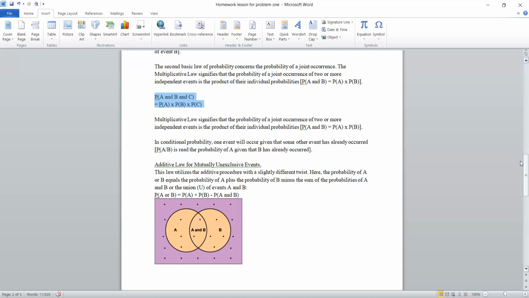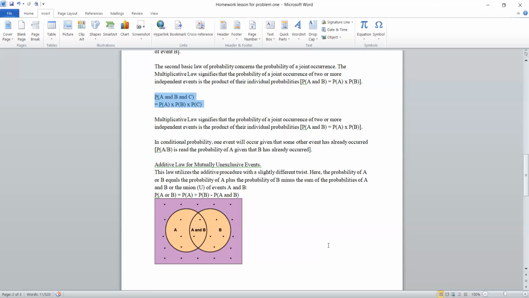Now, the additive law for events that are not mutually exclusive, and we can see it. They start overlapping as seen by our two circles here, and you can start adding them on. But this is the probability of A or B, girl or middle school student, right? Plus the probability of B minus the probability of A and B, the union of events.